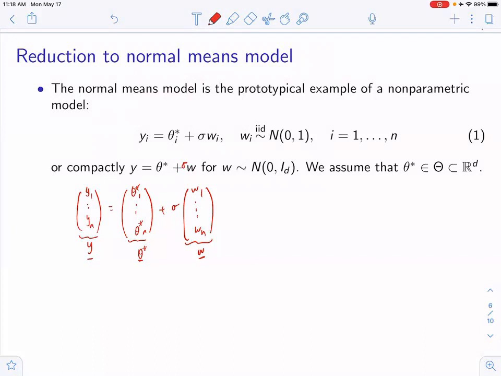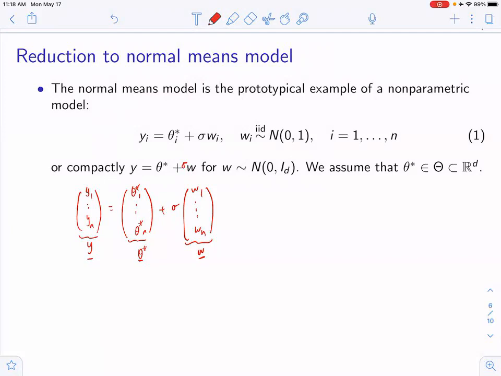If you go back to your homework problems, there's this James-Stein phenomenon: if you look at the maximum likelihood estimator, you can uniformly beat it in terms of the quadratic risk using a different estimator, which shrinks towards 0.